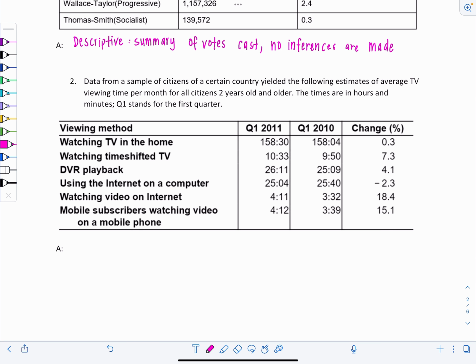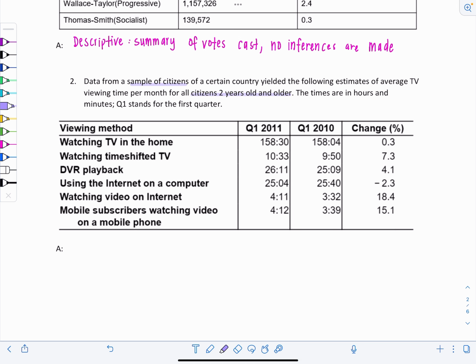Example 2, data from a sample of citizens of a certain country, they're not telling us which one, yielded the following estimates of average TV viewing time per month for all citizens 2 years old and older. The times are in hours and minutes.